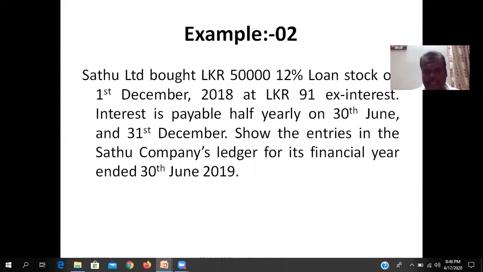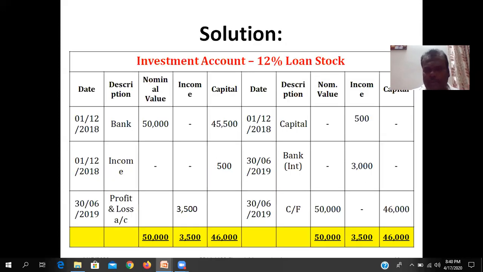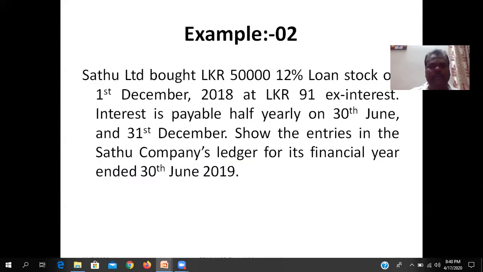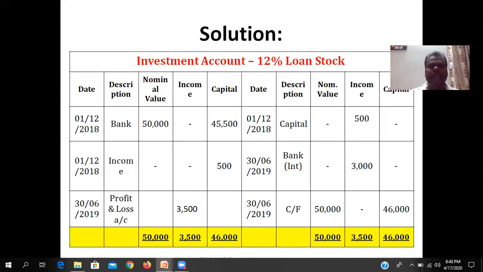Show the entries in the Sadhu company's ledger for its financial year ended 30th June 2019. So then we can move to the accounting entries. The first one, on 1st December 2018, 50,000 investment was purchased at 91. So we will do the entry.